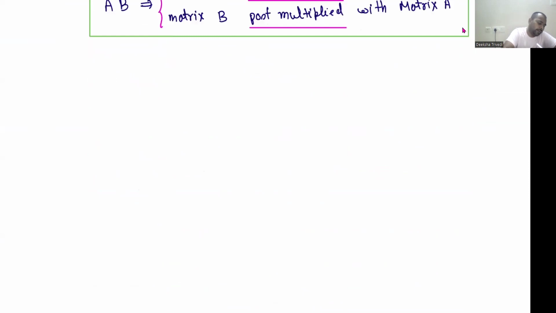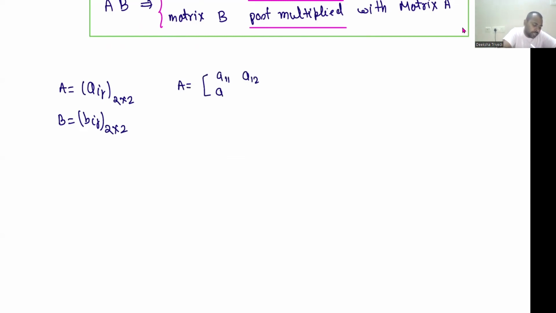Correct? Now think. Suppose we have one matrix A, Aij of order 2 cross 2. We have another matrix B, Bij of order 2 cross 2. With an easy example, we understand. After that, we generalize things. So the A matrix we are writing A11, A12, A21, A22.